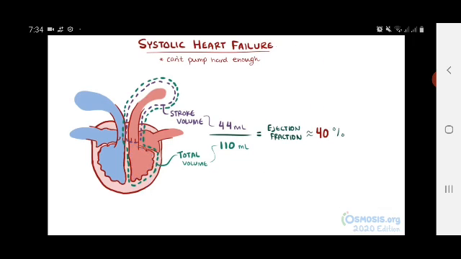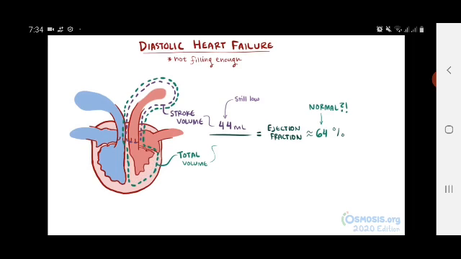Now, in addition to systolic heart failure, you've also got diastolic heart failure, which is where the heart's squeezing hard enough, but not filling quite enough. In this case, again, the stroke volume is low, but the ejection fraction's normal. How's that? Well, it's not filling enough, so there's a low total volume, say about 69 milliliters.